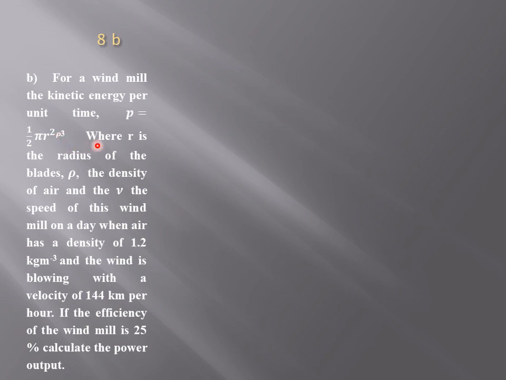There certainly should be a V, where r is the radius of the blade, rho is the density of air, and v the speed of the wind, on a day when air has a density of 1.2 kilograms per meter cube, and the wind is blowing with a velocity of 144 kilometers per hour.